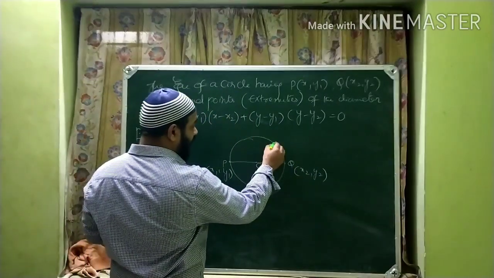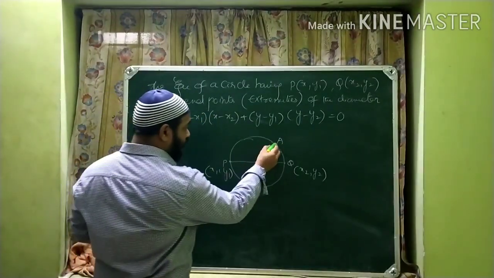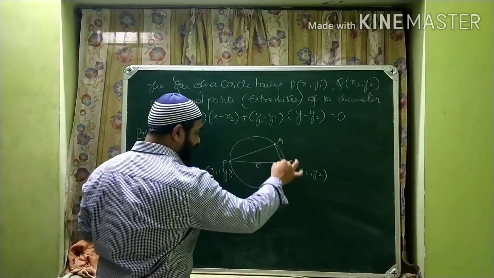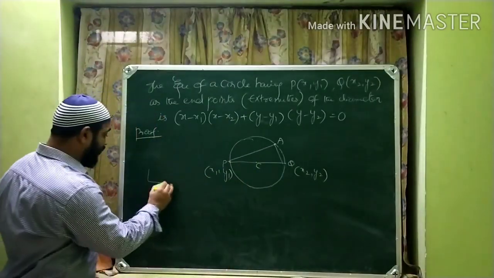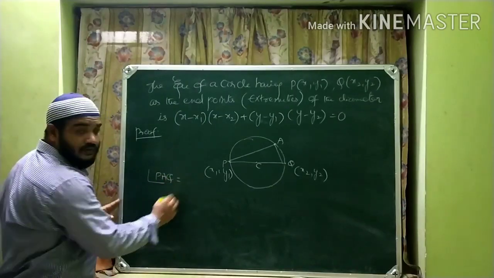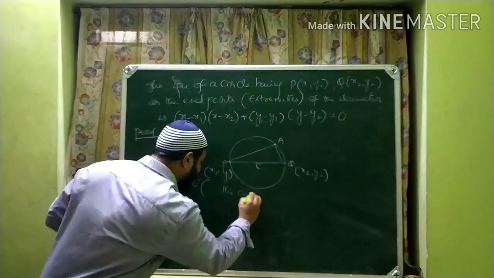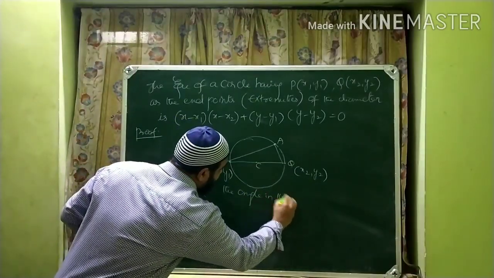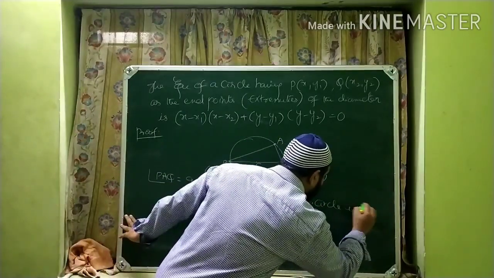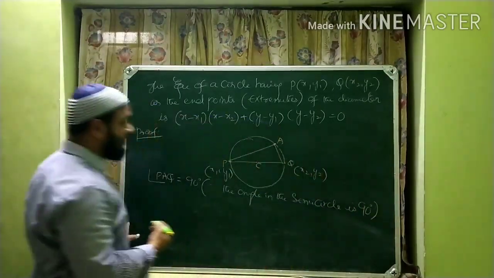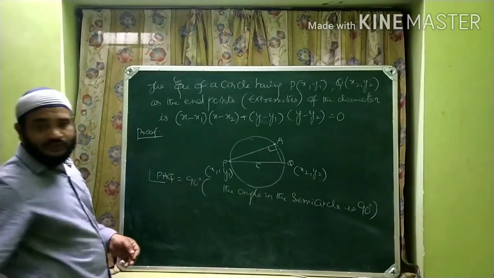So if I take one point here which is A, and if I join this as well as this, can you please tell me what is the angle PAQ? Yes, 90 degrees. Since the angle in the semicircle is 90 degrees, that means angle PAQ equals to 90 degrees.